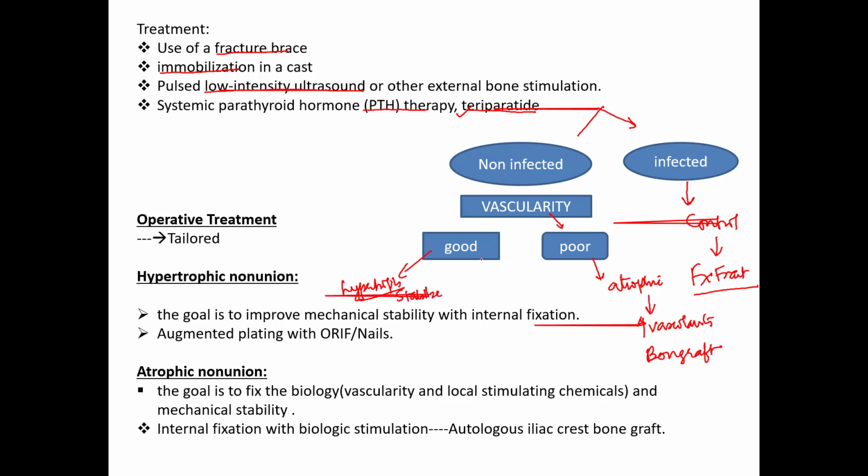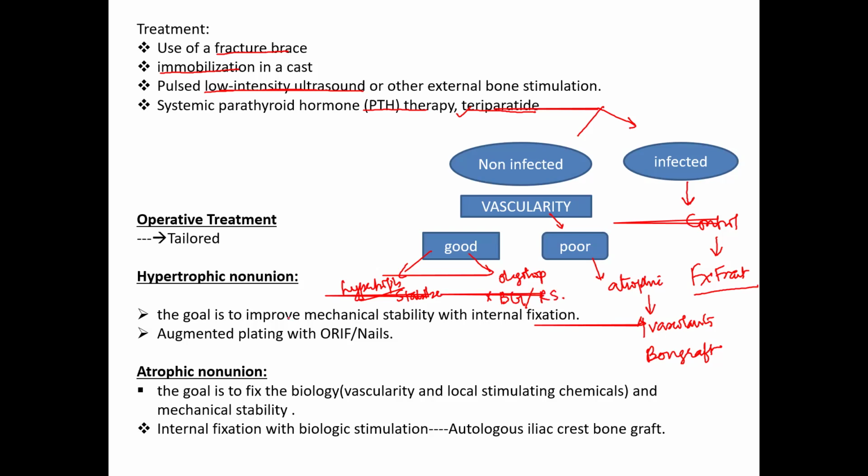We can use a plate or interlocking nails or anything for stabilization. Whereas in cases of oligotrophic non-union, whatever fracture gap is there, fixation is already there, but we need to do something to fill the gap. So we need to put bone graft, and sometimes we also need to do revision surgery.